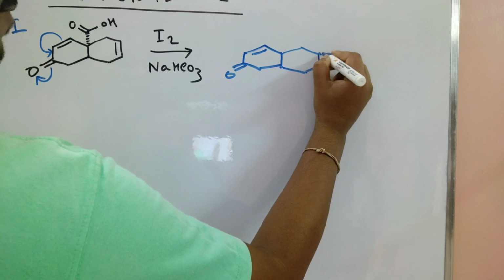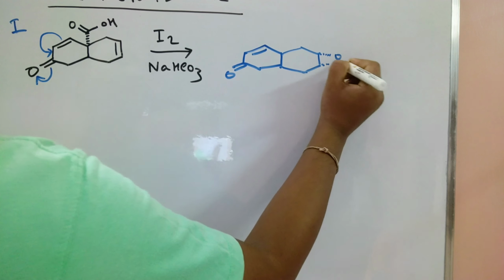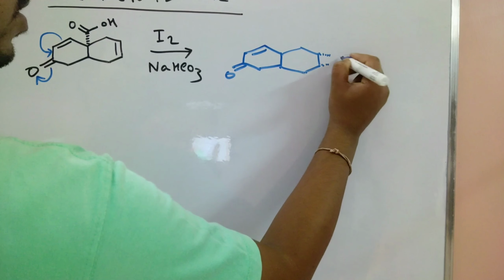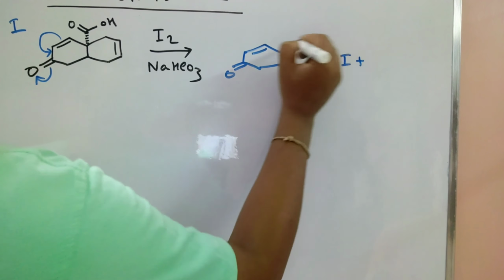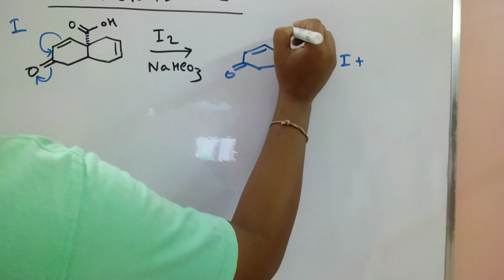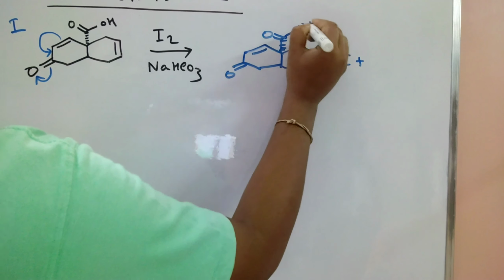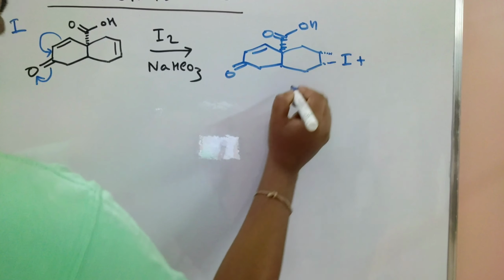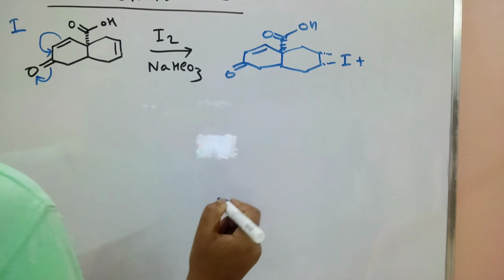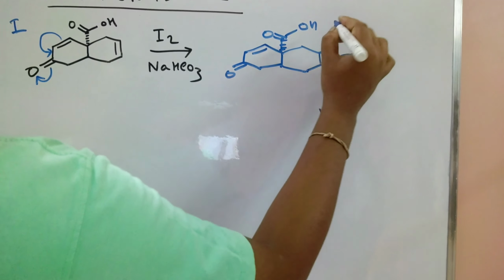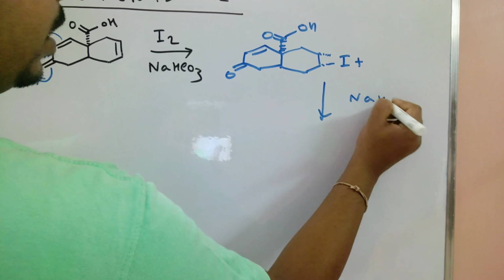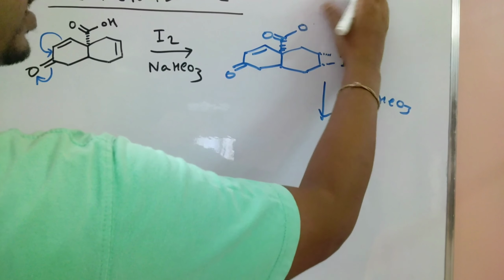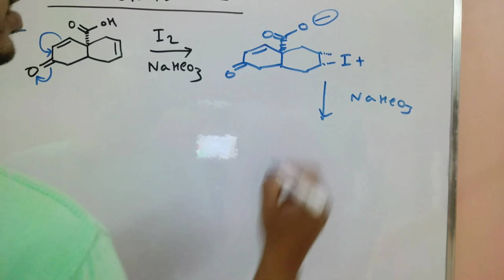We know that at first step the iodonium ion is formed. This bond is down and O. So after formation of this iodonium ion, then in the presence of base NaHCO3, this O minus is formed, hydrogen abstraction occurs.